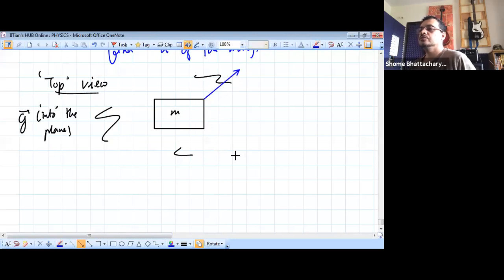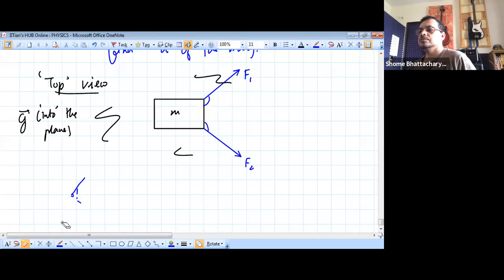F1 and F2 are in the horizontal plane, both of the same magnitude, but suppose, sorry, those angles will not be 120.